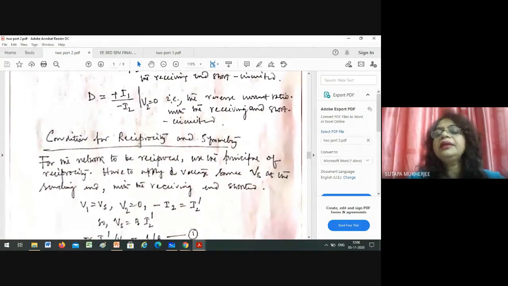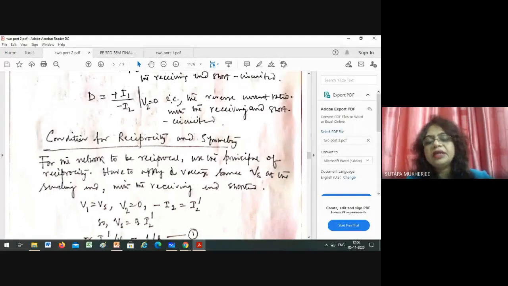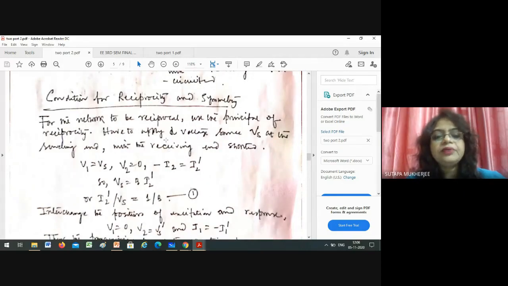Now, similarly, in case of Y parameter and Z parameter, there was the condition for reciprocity and symmetry. In case of ABCD parameters, definitely there will be the same. For the network to be reciprocal, use the principle of reciprocity: V1 equal to Vs and V2 equals 0, minus I2 equal to I2 dash.